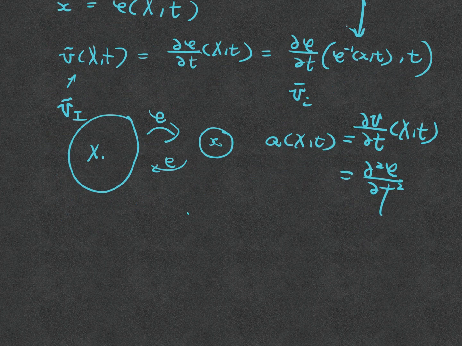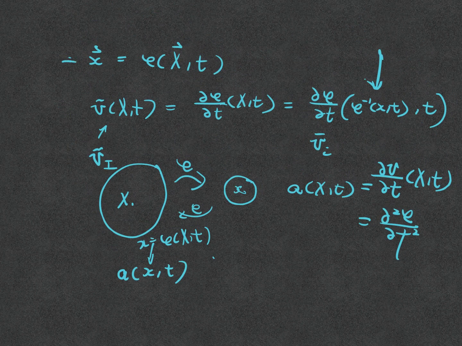Now, there is one thing that is interesting. If I look at the acceleration in the current configuration, notice that x itself is also a function of the mapping, right? You see what I mean? Can you see that?